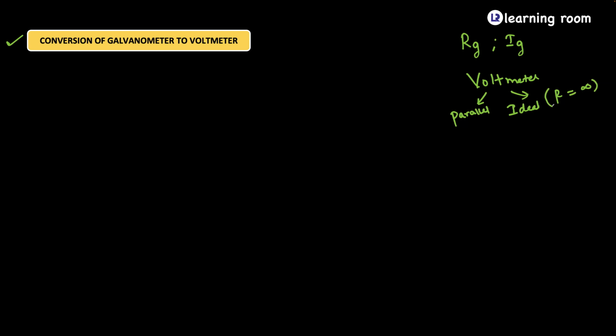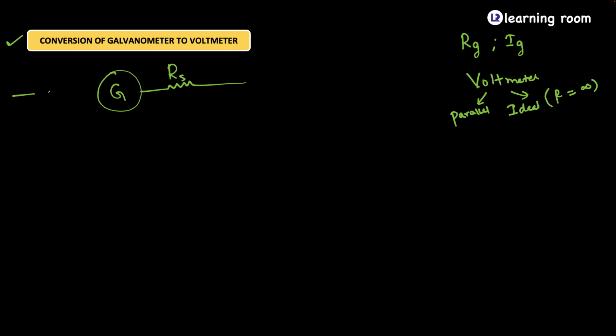So what I'm trying to say is, if I have a galvanometer, I need to connect an external resistor to it. But how should I connect that external resistor so that the resistance of this galvanometer is increased? I need to connect it in series. So I take a resistor and connect it in series. Here I wrote it as RS. Don't get confused. In the previous case, I wrote it as RSH. SH stands for shunt. Here RS, S stands for series.